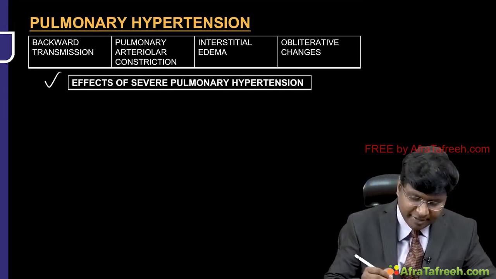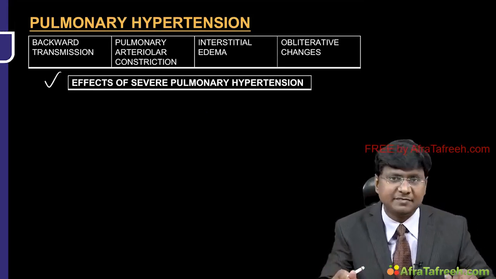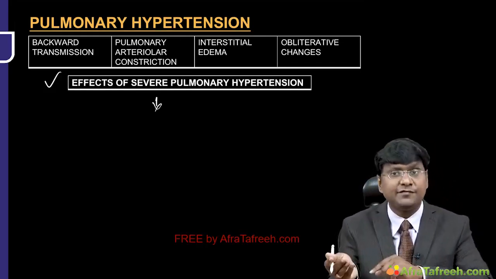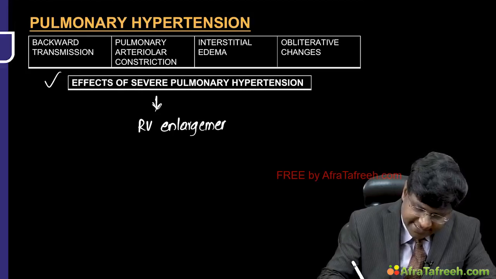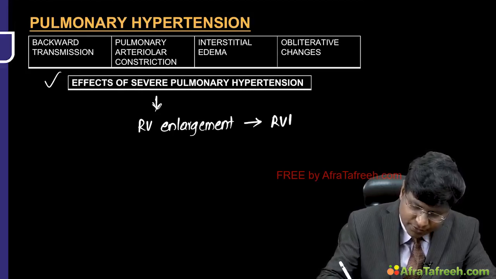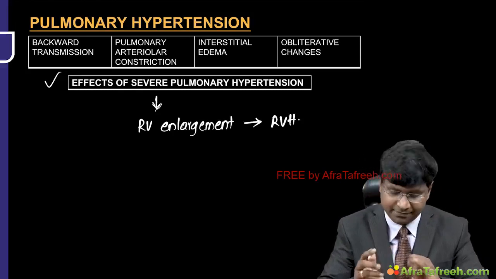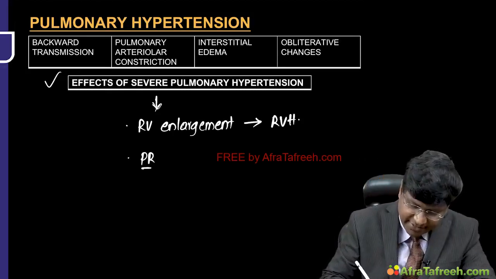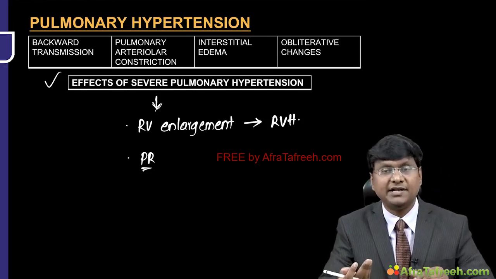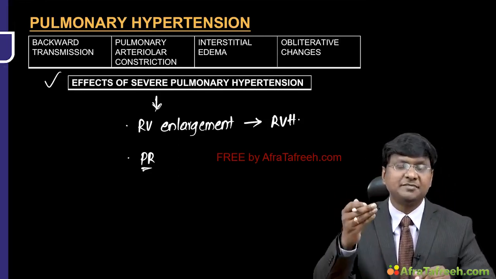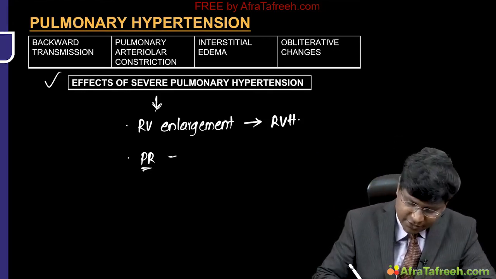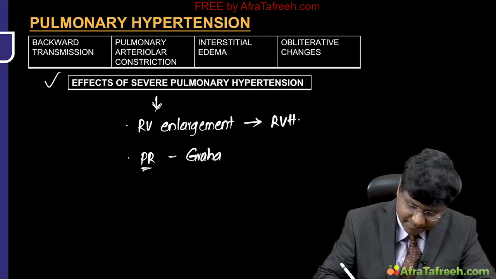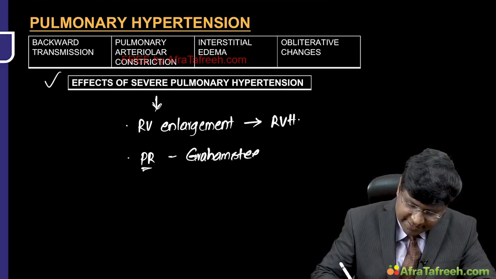Now, once there is development of pulmonary hypertension, what is the effect of severe pulmonary hypertension? That will increase the afterload on the right ventricle, and that will cause right ventricular enlargement. This right ventricular enlargement will further progress to the development of right ventricular hypertrophy. There can be pulmonary regurgitation. Why? Because of the pulmonary arterial pressure, the blood will try to leak back from the pulmonary artery to the right ventricle, causing pulmonary regurgitation, and thereby there will be a murmur, called the Graham Steell murmur, which we will be discussing in detail.